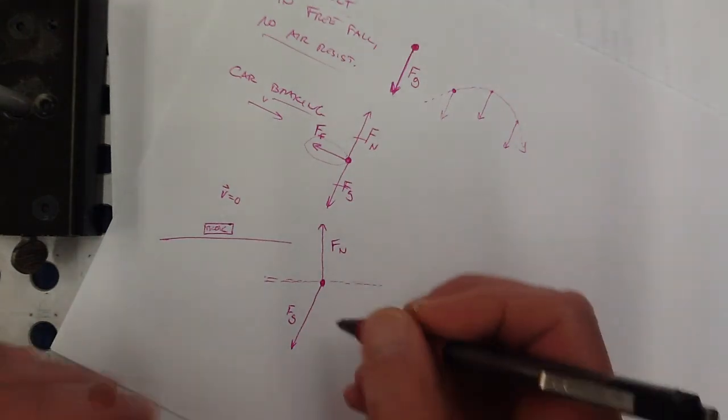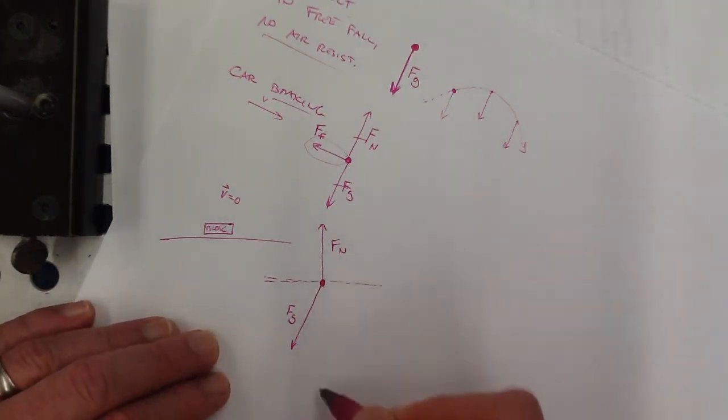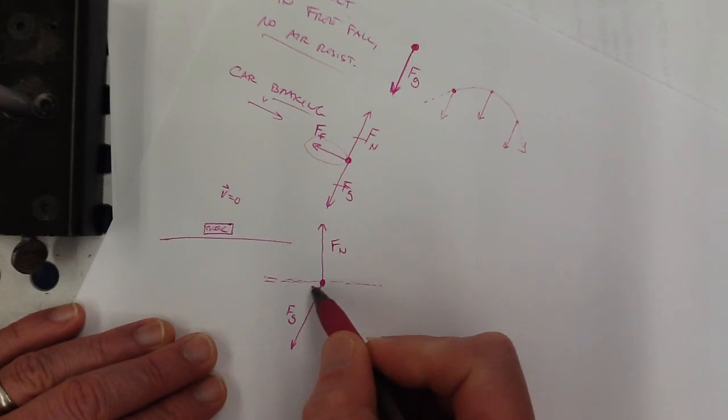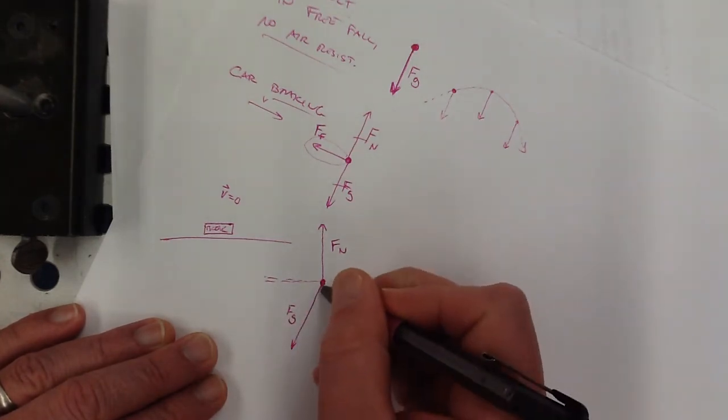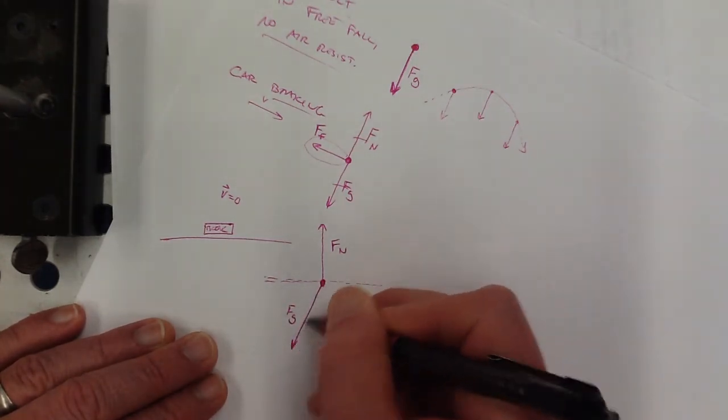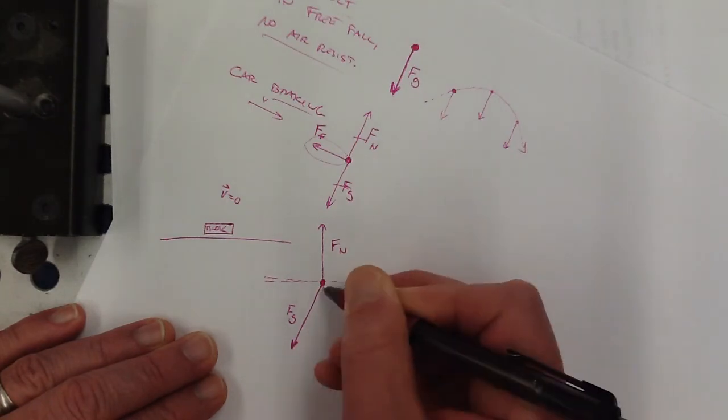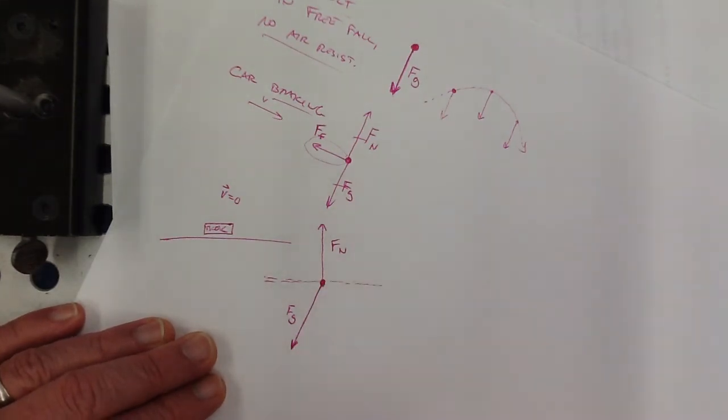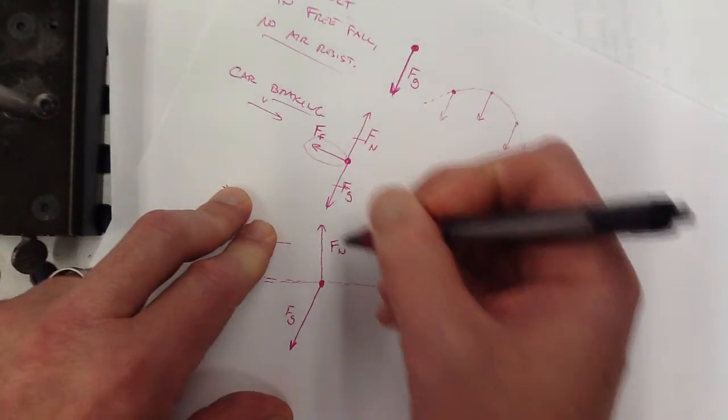So if you think about what's going on with this gravitational force, a force is a vector, it's got a magnitude and a direction. For example, the force of gravity is always toward the center of the Earth, what we will usually call down.